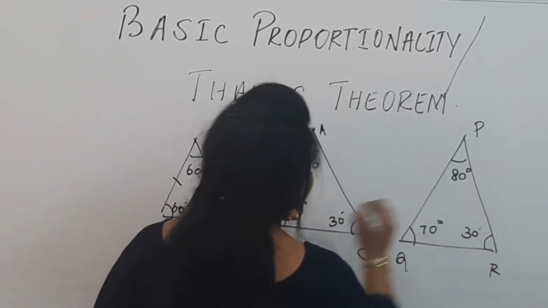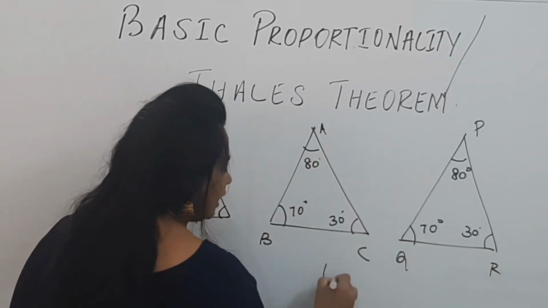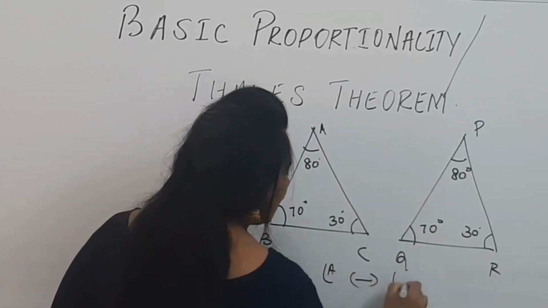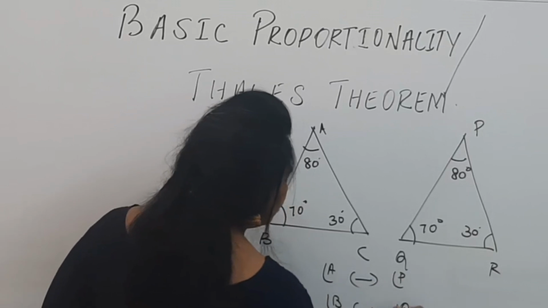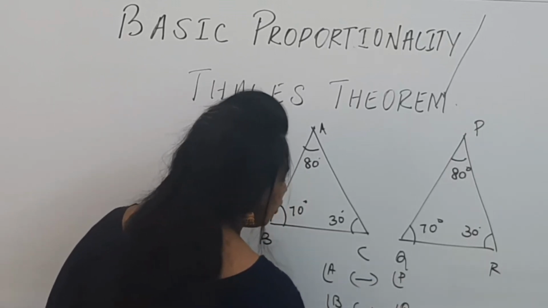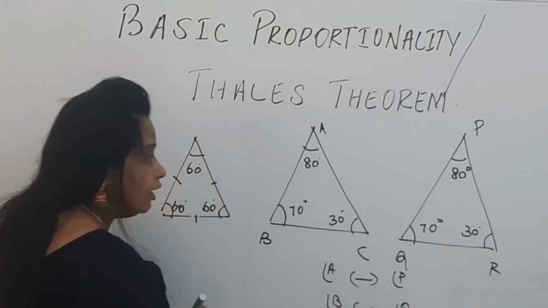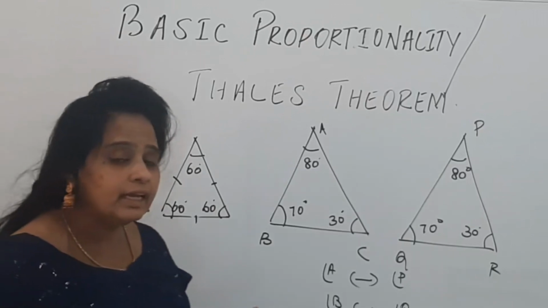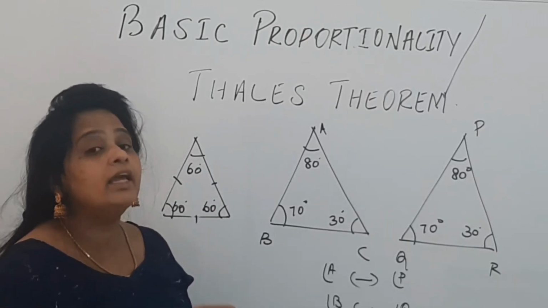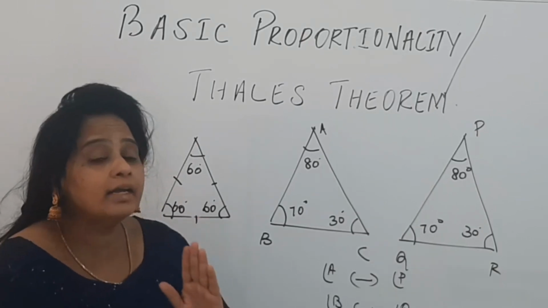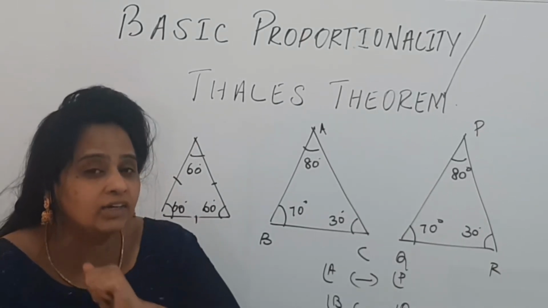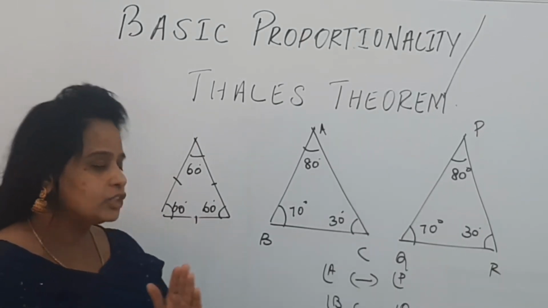Now you can say that these are the corresponding angles. Angle A corresponds to angle P, angle B corresponds to angle Q, and angle C corresponds to angle R. So it is not necessary that the triangle must be an equilateral triangle. It can be any triangle, but it must be equiangular. Hope you understand this concept.